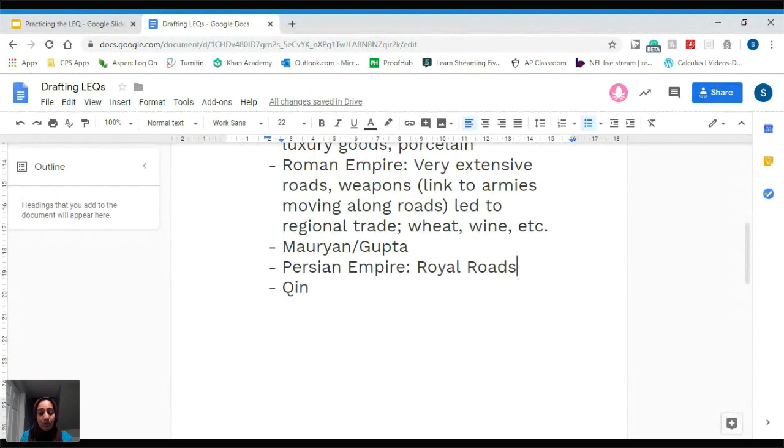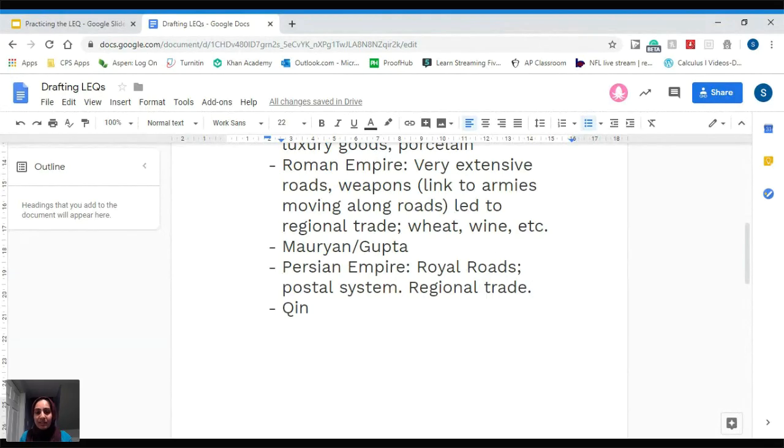They also had a postal system. I think the postal system was along these roads. We have the postal system. We have regional trade. And I think the postal system was done with horses. So they would have these horses travel around, carrying the mail or whatever.